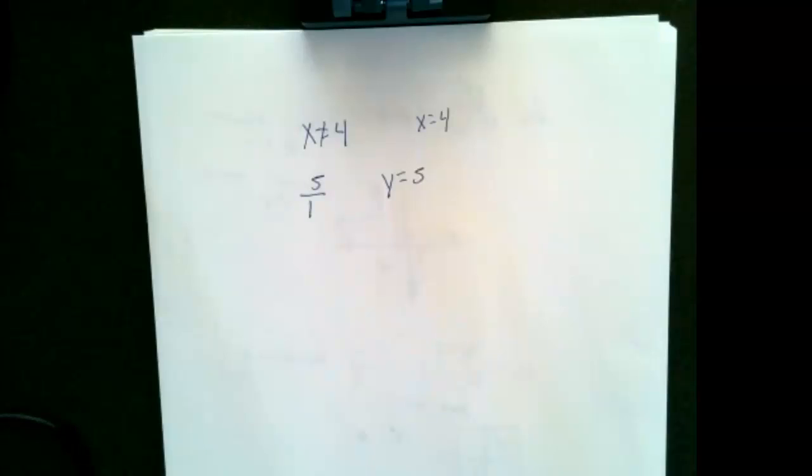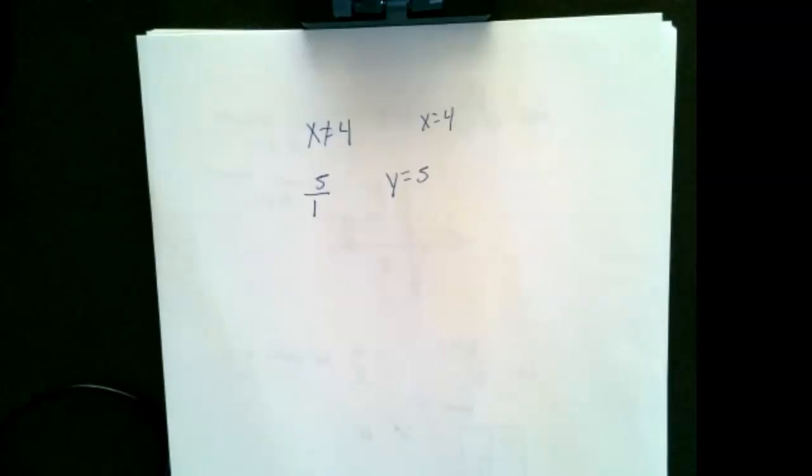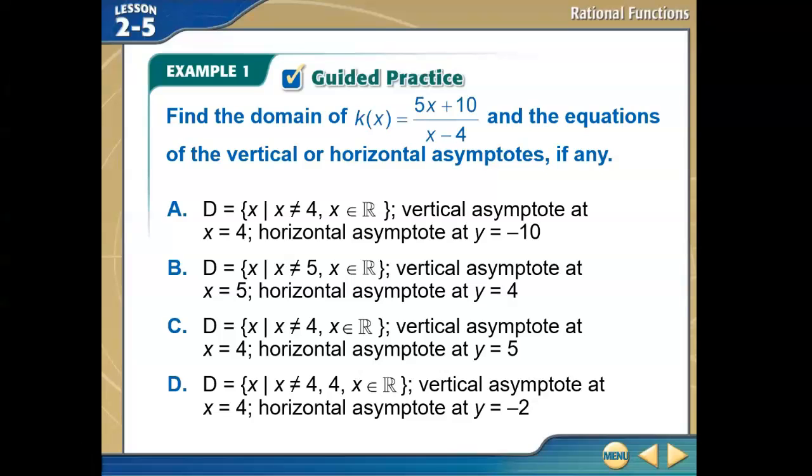So the domain, we know x cannot equal 4 because that's where we have our vertical asymptote. And then we know we have our horizontal asymptote at 5, so we want to select an answer option that corresponds to both of those. A couple of them that we can eliminate right off the bat is B, because it says x cannot equal 5.